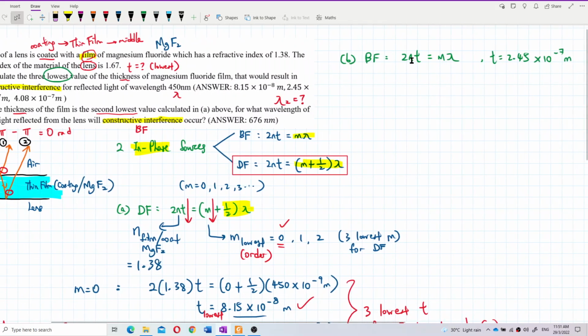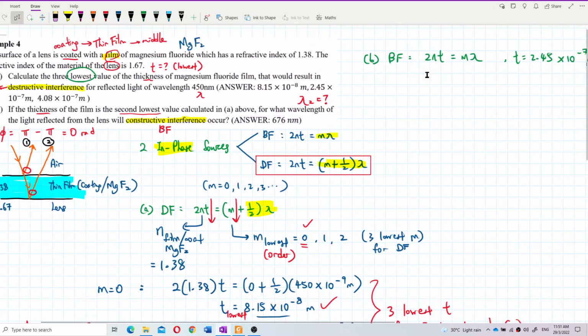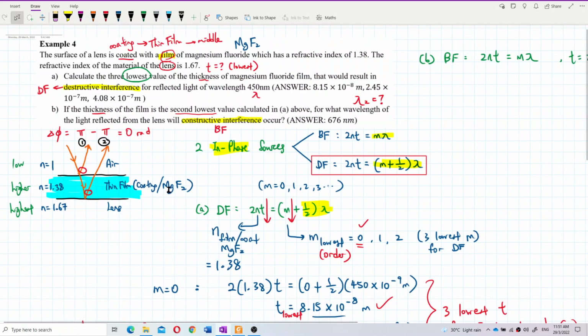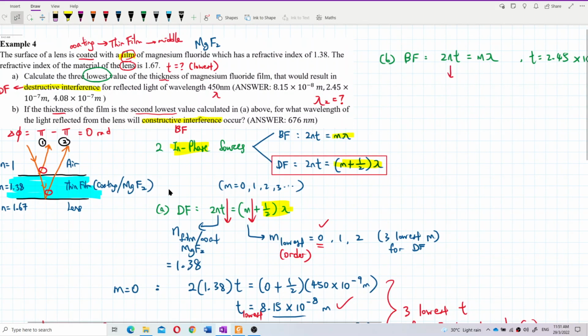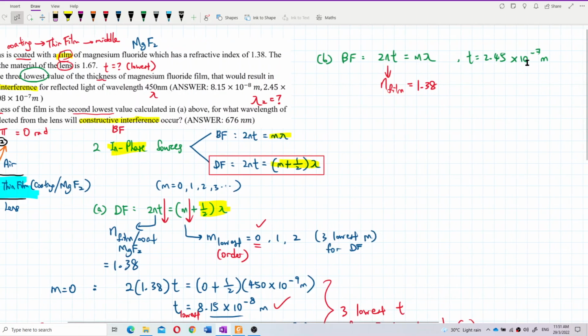The n is still the same, the n of the film, magnesium fluoride, which is 1.38.